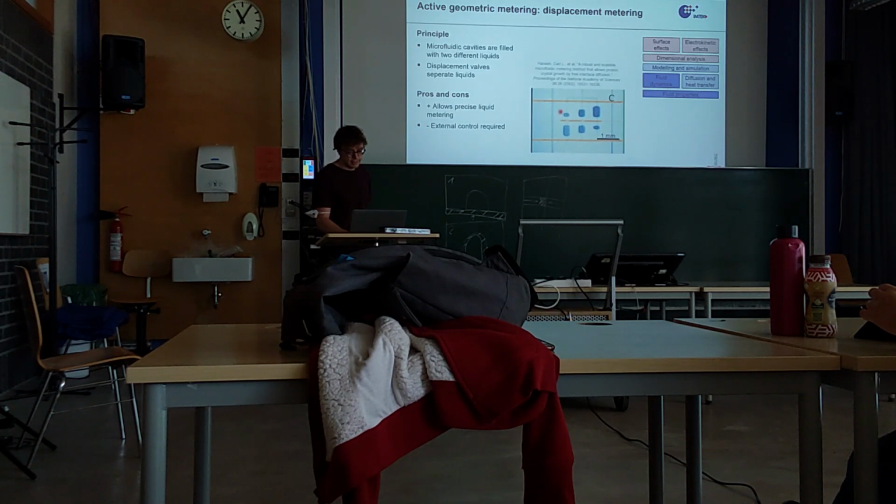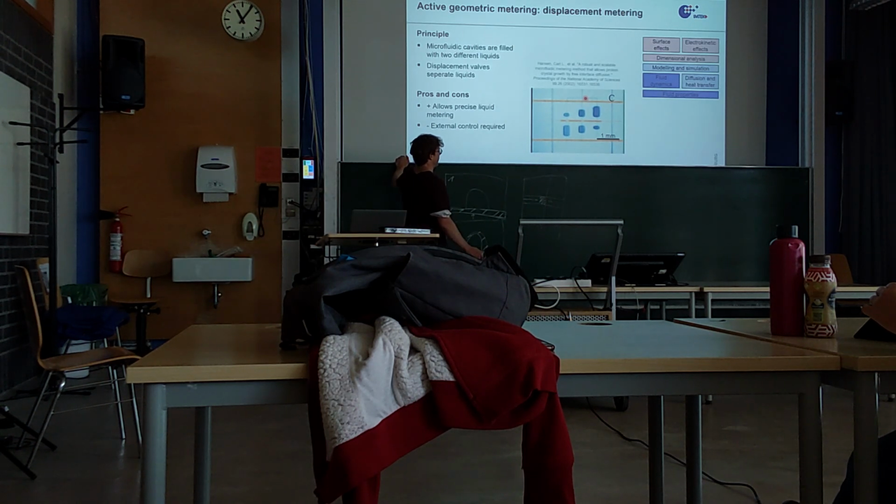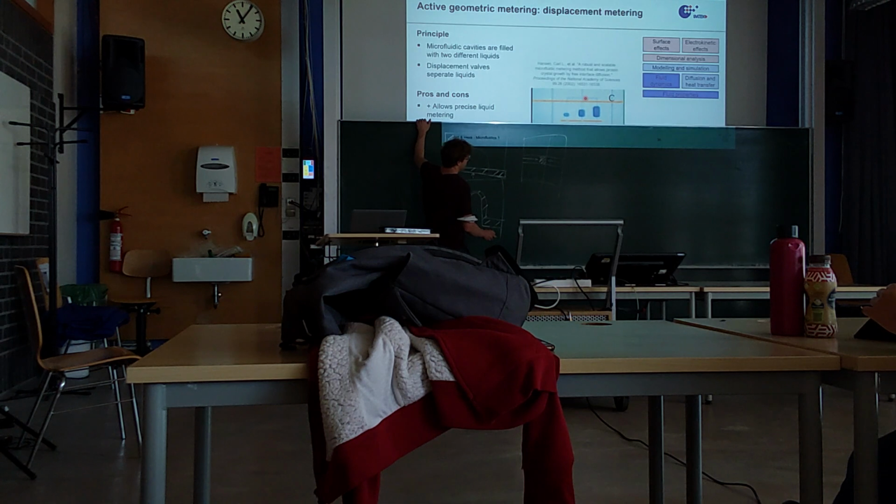And as you can see, there are cavities that have a defined size. If you now fully fill these cavities and close the valves, you know exactly which volume is in between. So it's just an extension of this principle.